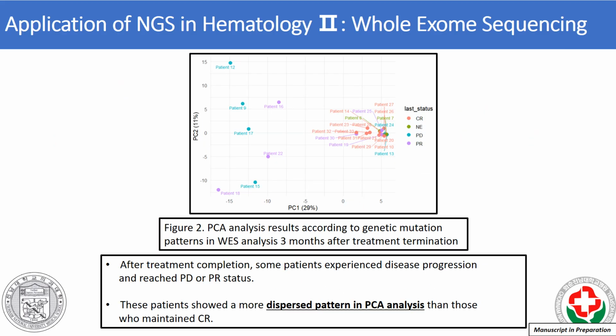This trend was also observed at 3 months after treatment termination. Patients with PD showed a scattered and heterogeneous distribution, whereas those who maintained CR showed a clustered and homogeneous distribution.